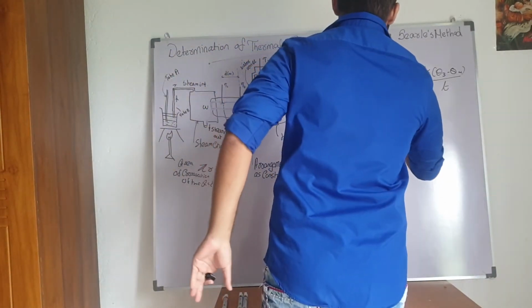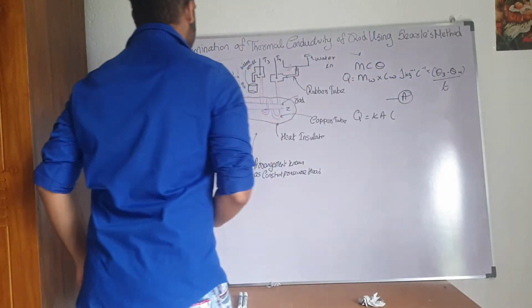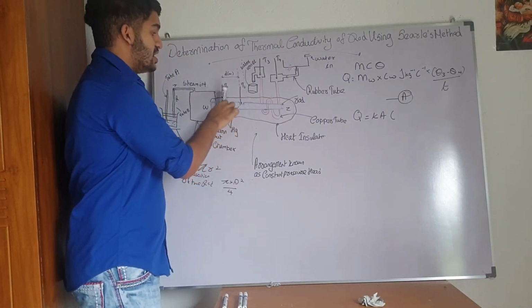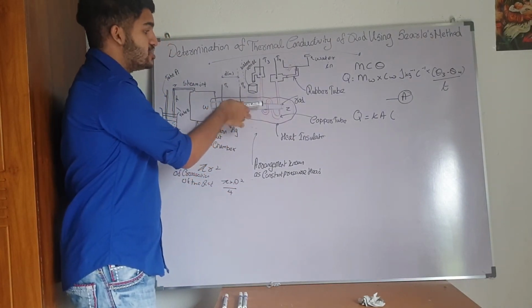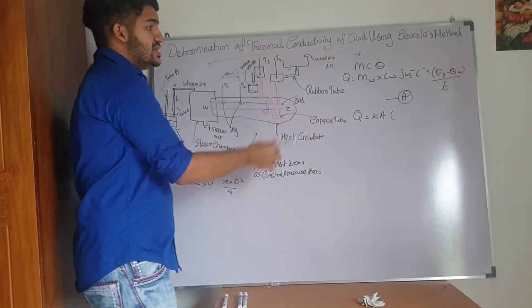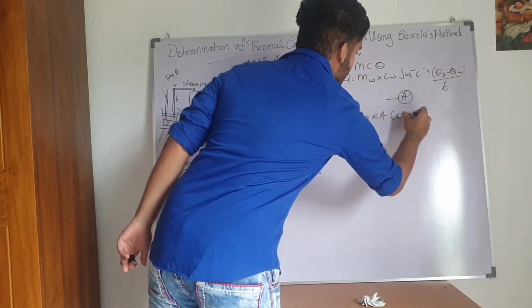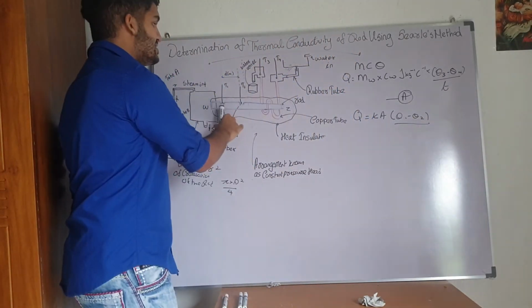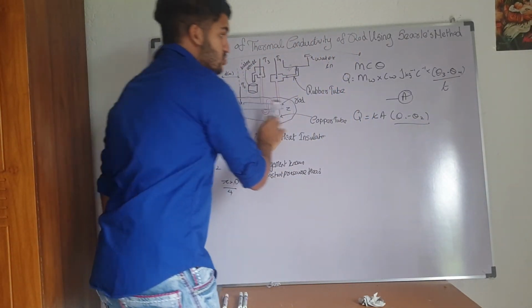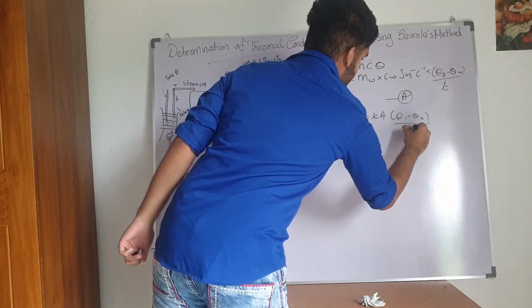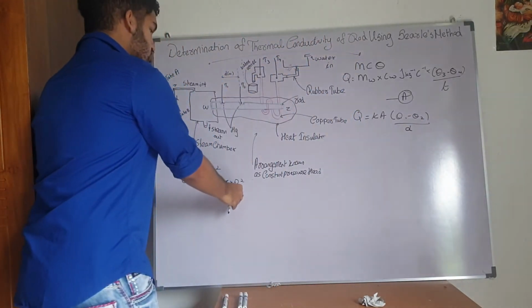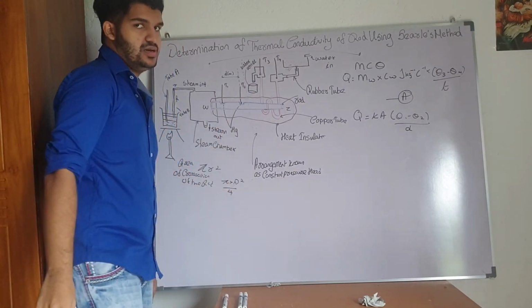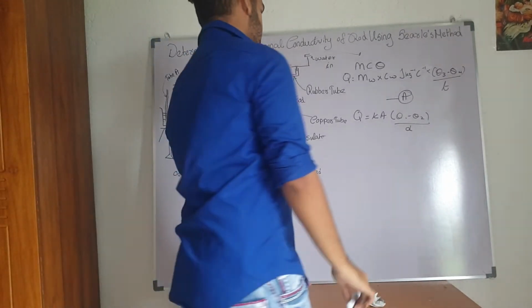So the area is given, and then we have the temperature gradient: T1 minus T2, divided by the length d. We took the diameter and marked it as d squared, right?